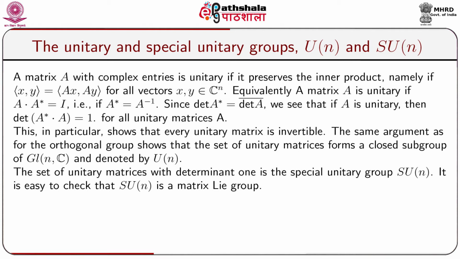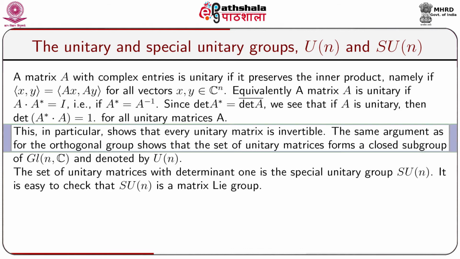Now, since the determinant of the conjugate of A is equal to the conjugate of the determinant of A, we can prove that if A is unitary, then the determinant of A conjugate transpose times A is equal to 1 for all unitary matrices A. This in particular shows that every unitary matrix is invertible.